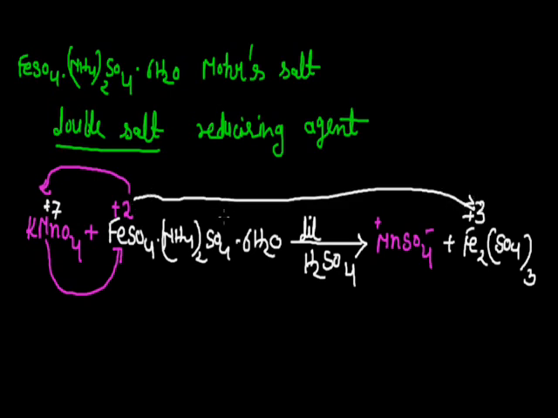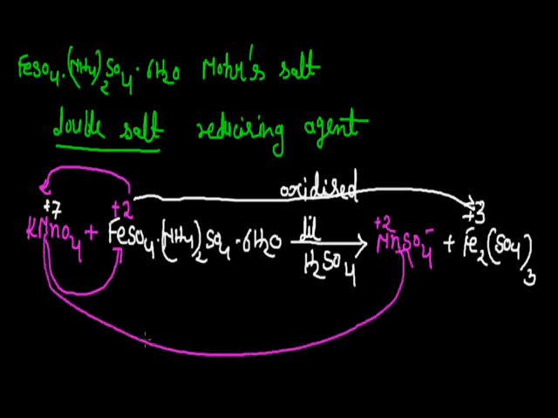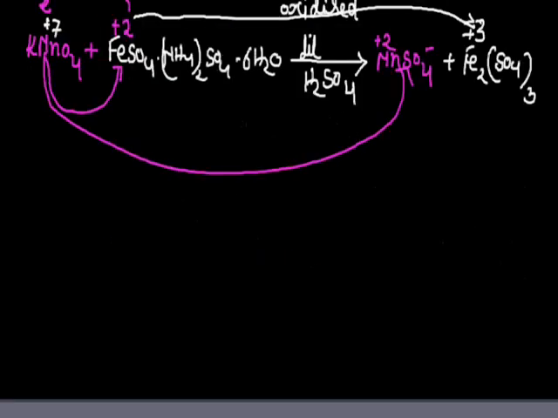It means in the overall reaction, Fe is oxidized and KMnO4 is reduced from +7 to +2. So in this reaction, oxidation and reduction occur simultaneously, that's why it is called a redox reaction. And whenever we use this type of reaction in a titration or volumetric analysis, it is called redox titration.